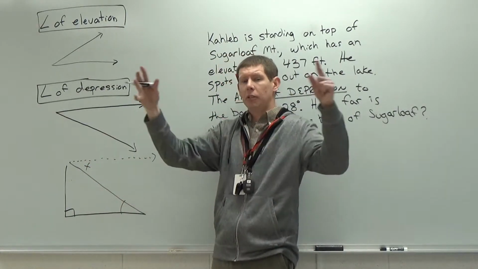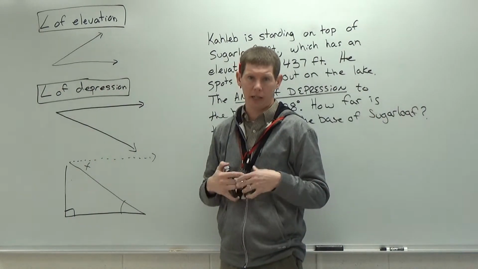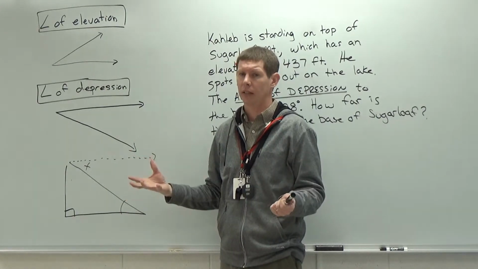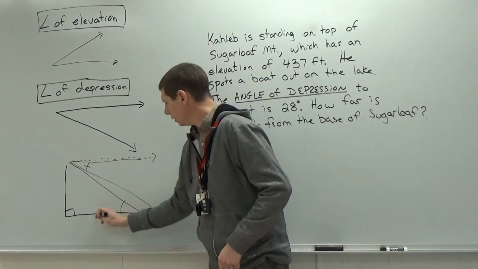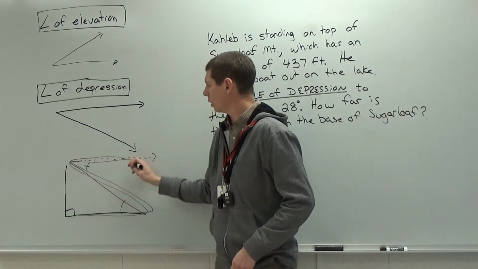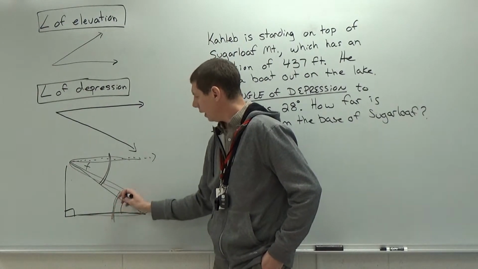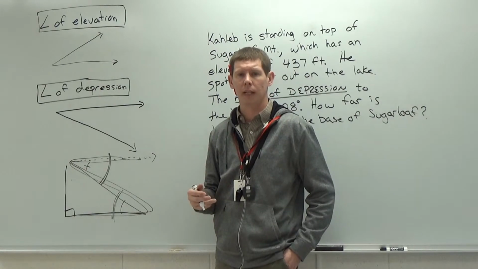Now, here's the big key. The angle of depression and angle of elevation are the exact same thing. Remember back in the day, we had a Z, alternate interior angles were congruent. Well, there's your angle of depression and angle of elevation, they form a Z, so those are actually the same thing.